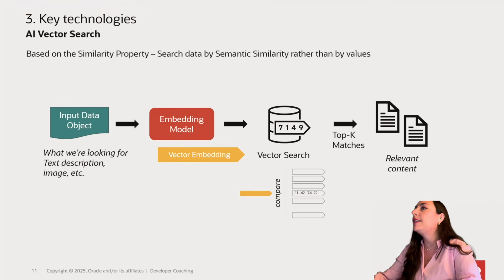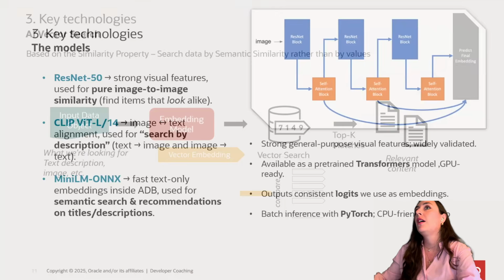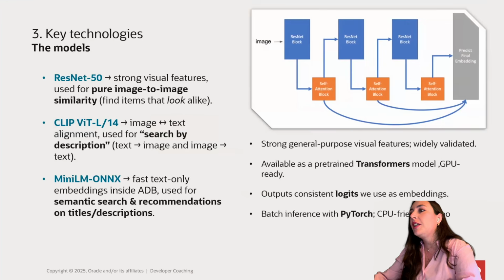So if two items are feeling similar to the model, they are going to be close in vector space, even if the text labels are not matching. And then with that, we are going to enable features like search by image, find similar items, and more intelligent recommendations.